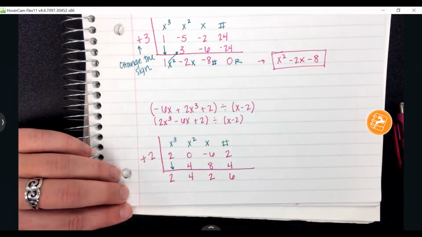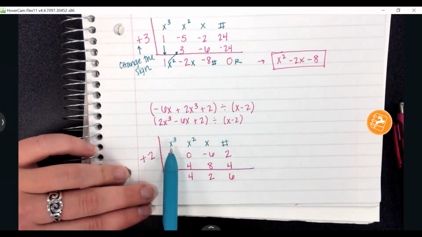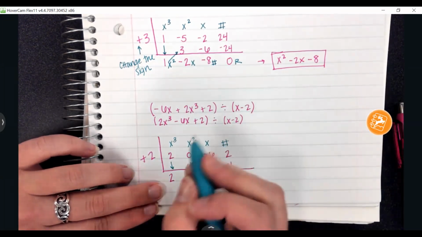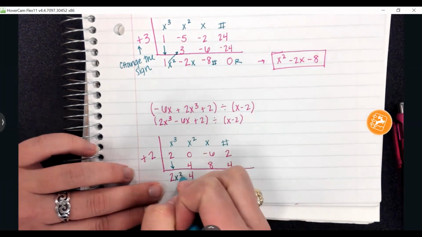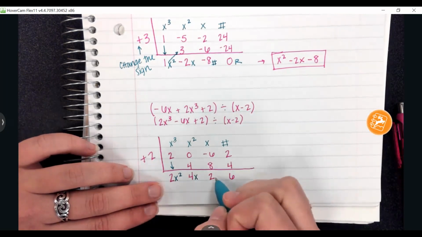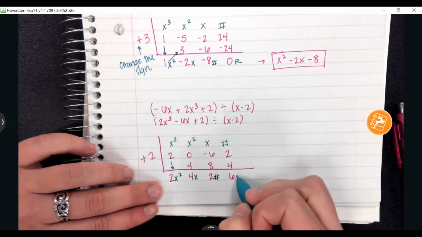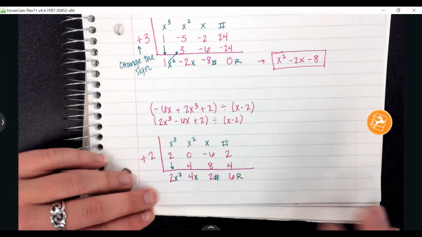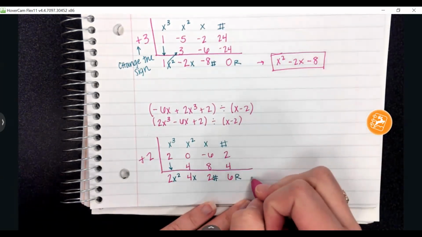Okay, so I started with x cubed. So what will my answer start with? X squared. What comes after x squared? X, number, and remainder. So how do I write my final answer?